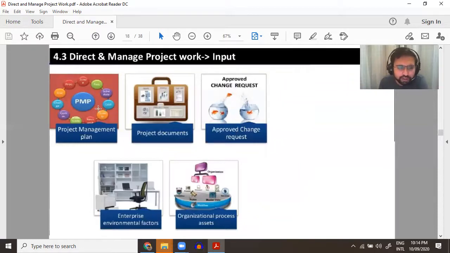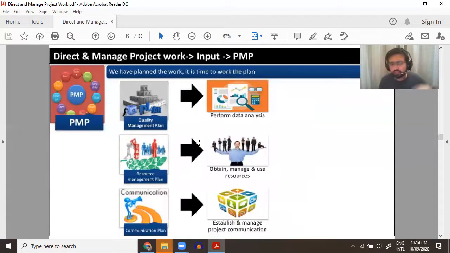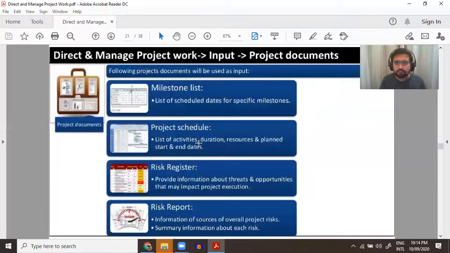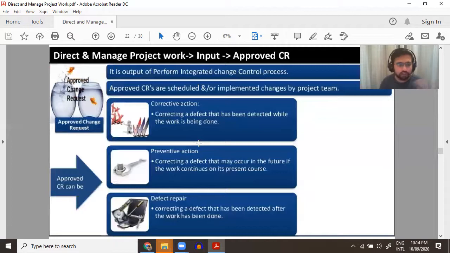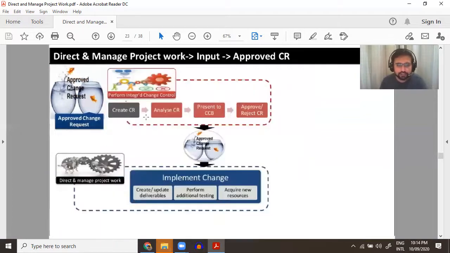So we have input: PM plan, documents, change request, EEF, OPA. So we know PM plan is a combination of all plans and project documents. We have already discussed approved change request. In this procedure, the change request is created, it is analyzed, and after getting the impact, it is presented to the change control board, which weighs the positive or negative impact.